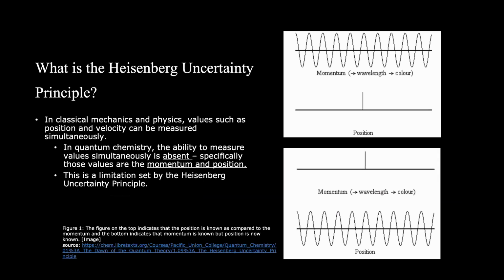The top graph shows that the position is a value that is more known, and the momentum value will be the value that we are uncertain about. This graph shows it as a wave indicating uncertainty. For the bottom graph, it shows that momentum is a value that is more known, and the position value will be the value that we are uncertain about, as shown by the wave indicating uncertainty.